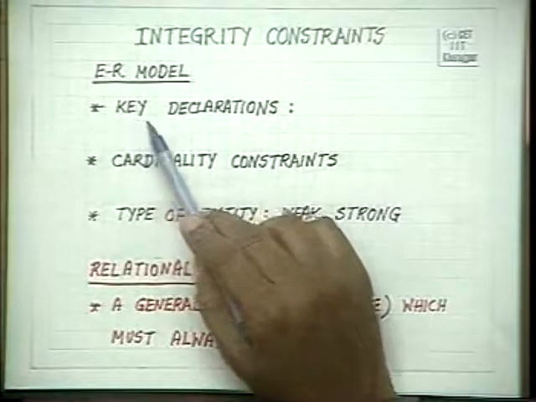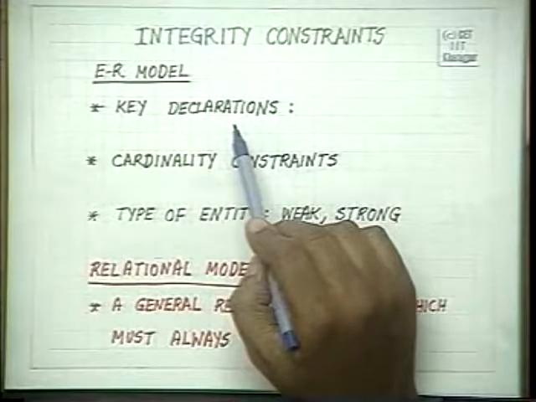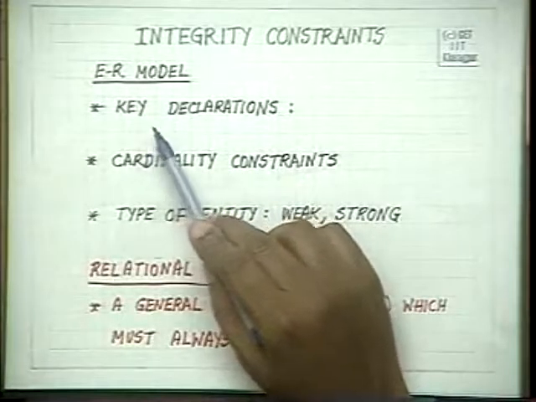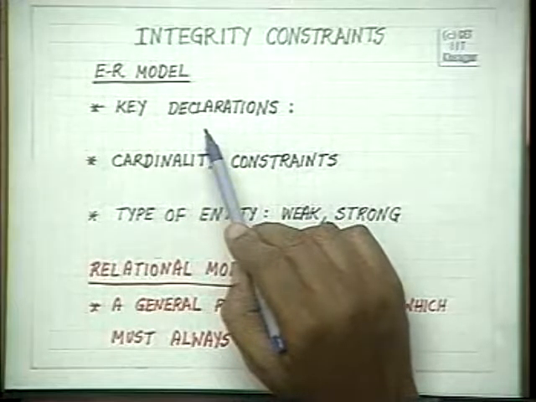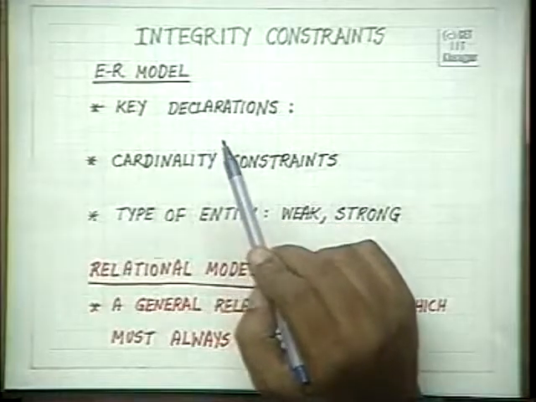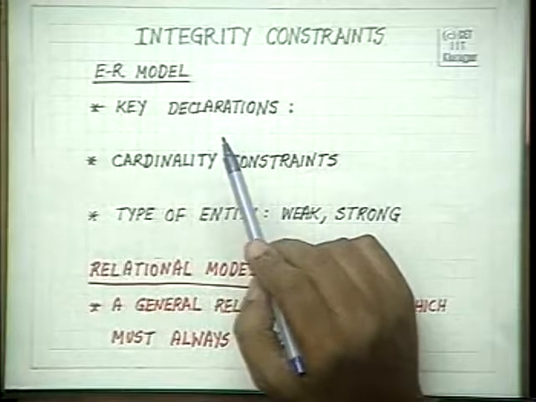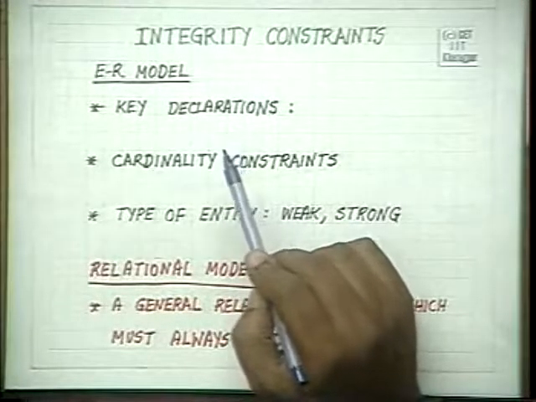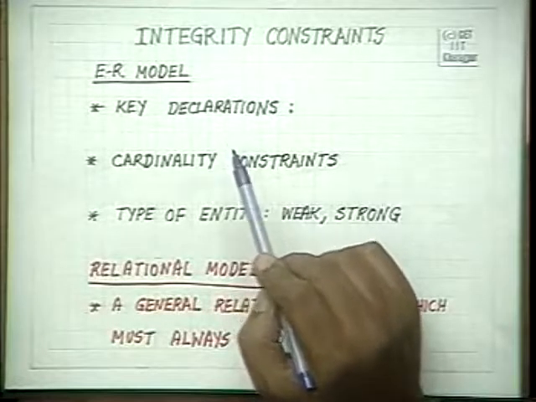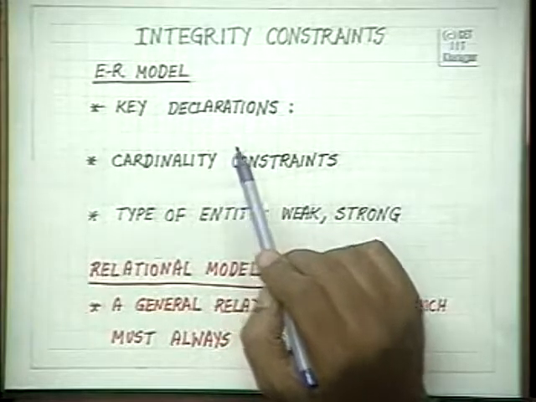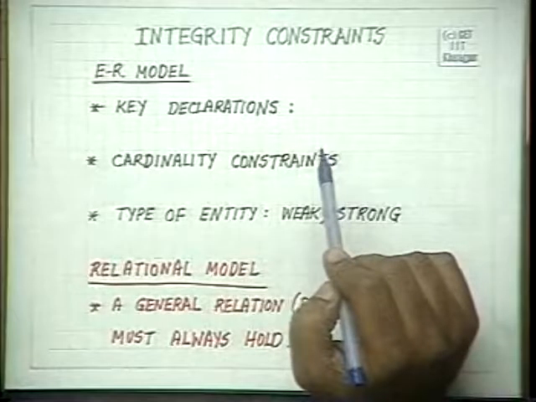When we specify something called a primary key or a key of an entity in an entity relationship model, we mean that in that entity set, no two tuples can have the same values corresponding to the key attributes and different values corresponding to the other attributes.